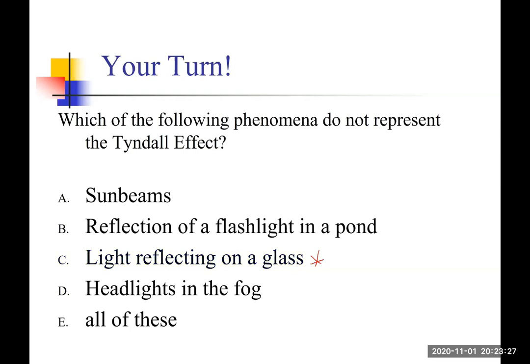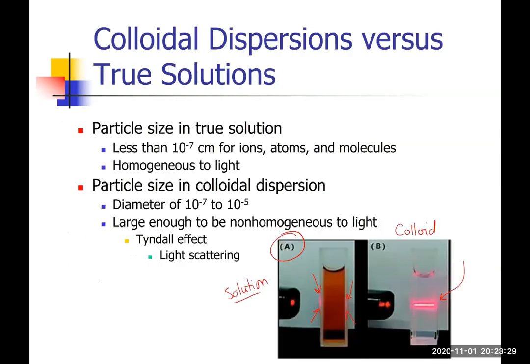Well, let's just back up one slide and talk again about these particle sizes, because we said that this 10 to the minus 7 is very, very similar and makes this true solution look an awful lot like a colloid. But then we have this 10 to the minus 5 that shows some variation.